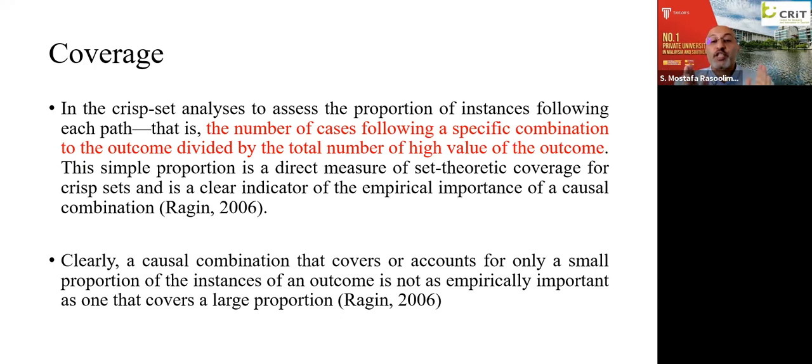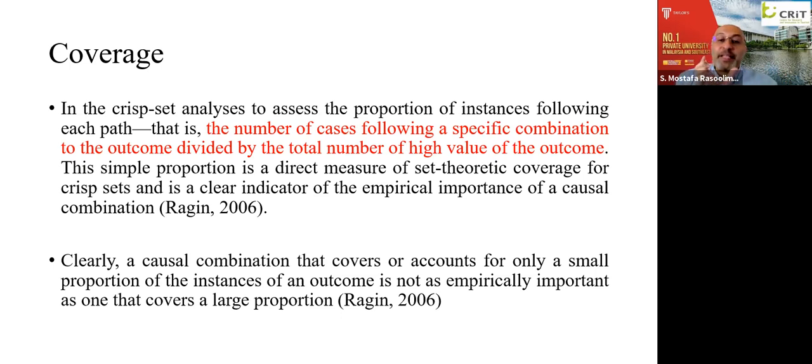200 of these respondents, with different combinations of predictors, led to a high level of outcome. So we have 200 cases with a high level of outcome with different combinations of predictors, right?